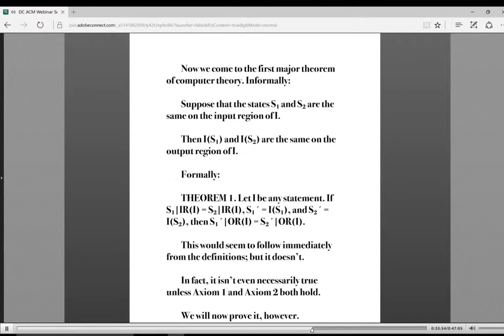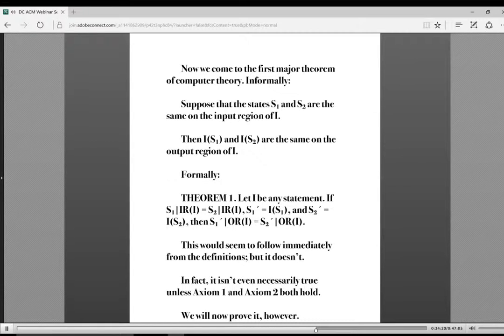Now we come to the first major theorem of computer theory. Informally, suppose that the states S1 and S2 are the same on the input region of I. Then I of S1 and I of S2 are the same on the output region of I. Formally, Theorem 1: let I be any statement.